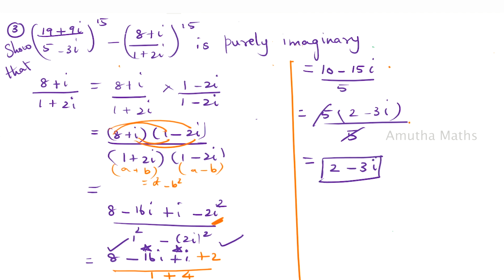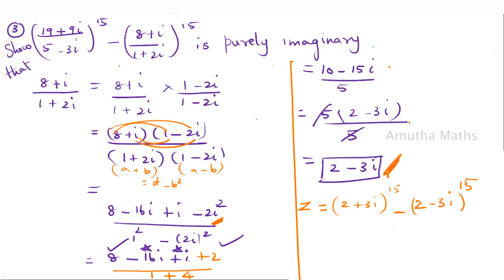So now our question becomes z is equal to, what is the value of the first part? 2 plus 3i, the whole power 15 minus, what is the value of this second part? 2 minus 3i, so 2 minus 3i the whole power 15.